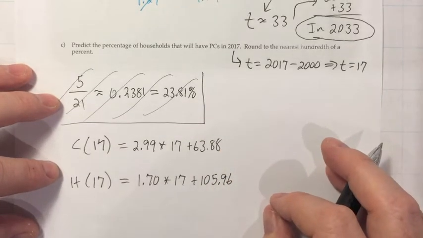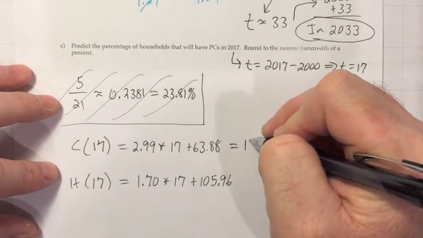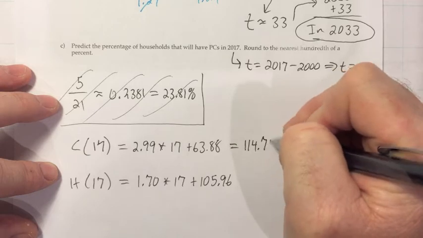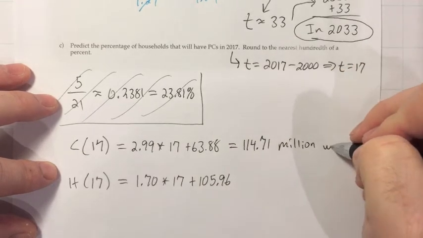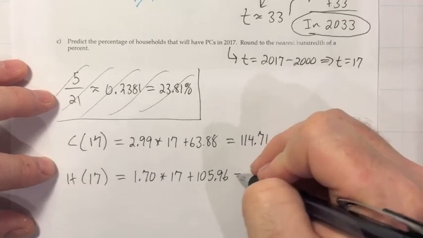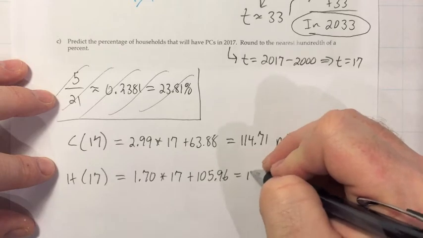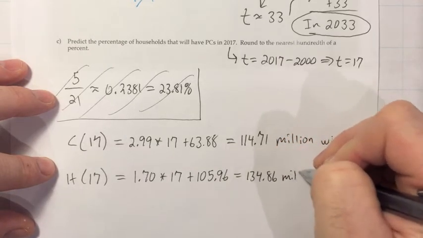If you go to the calculator for the 2 of those, you get 114.71 million households with computers, or PCs, and you get 134.86 million households altogether.